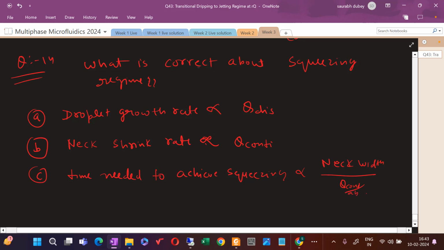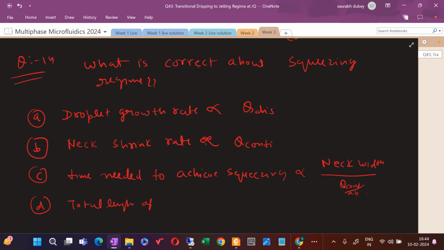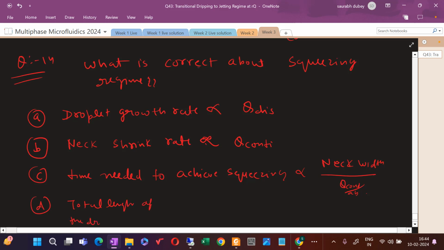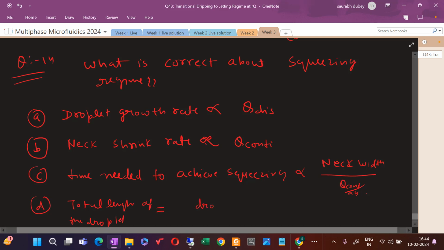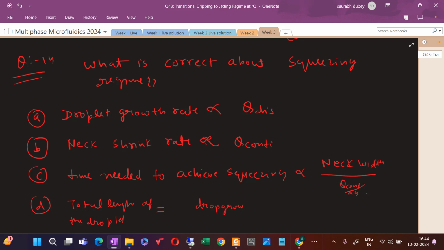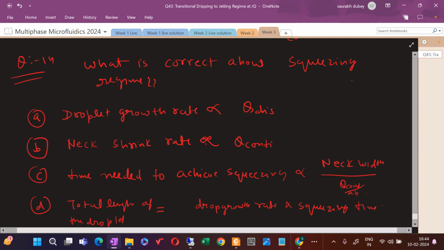And the last option is total length of the drop equals drop growth rate into squeezing time. Which of the following is correct?